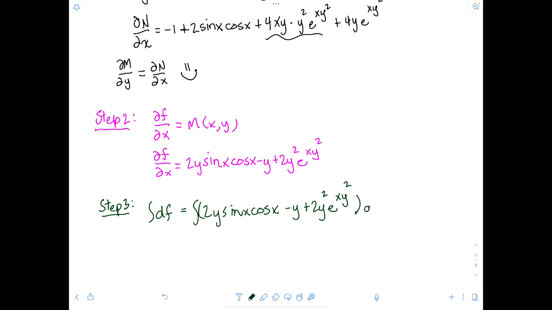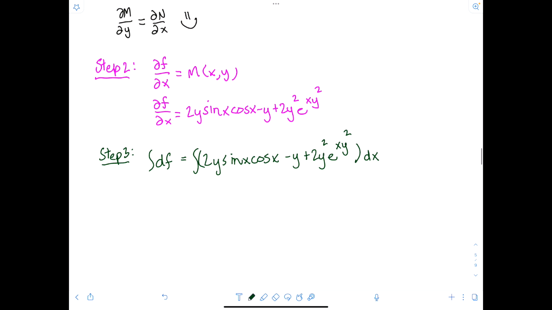And we're integrating this with respect to x, cool, cool? All right, so this is going to give us that our function in terms of x and y, or just f, whatever you want, will be. So we're integrating with respect to x. The y's are treated as constant. So the 2y is going along for the ride.